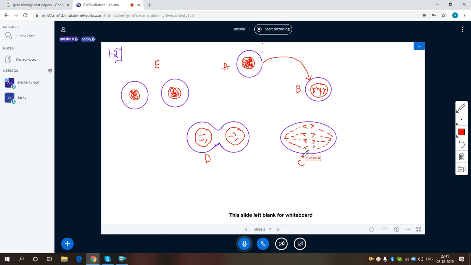Any doubt? What was the other reason? It says tick two boxes.